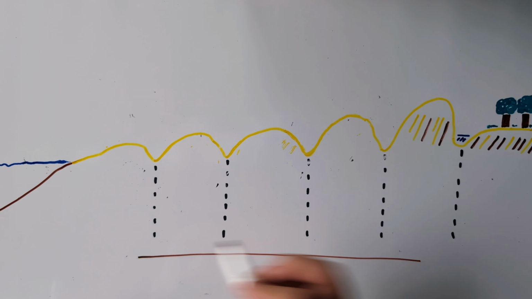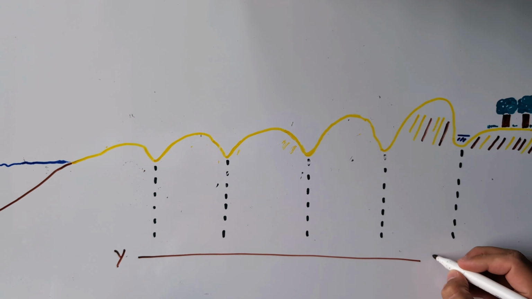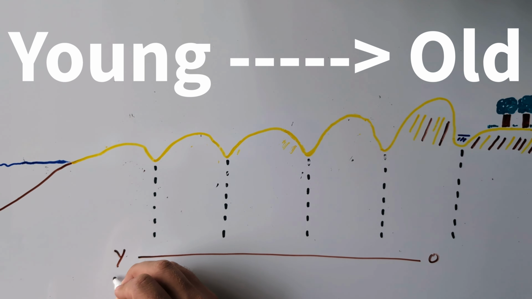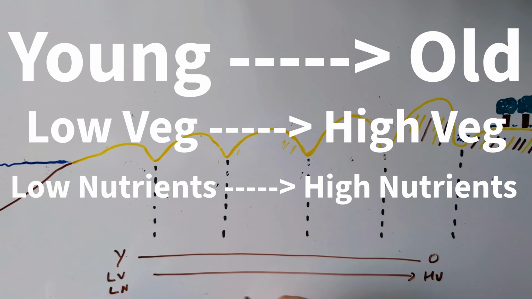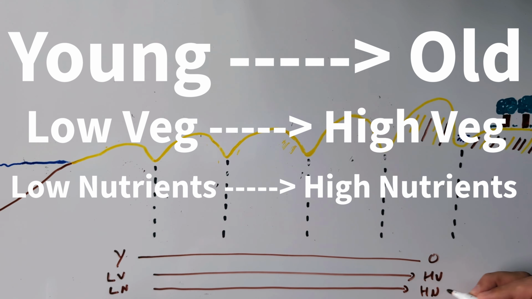It's going to go from young to old. It's going to go from low vegetation to high vegetation, and it's going to go from low nutrients, and these two are really linked, to high nutrients, okay, as the nutrient cycle starts to become established.